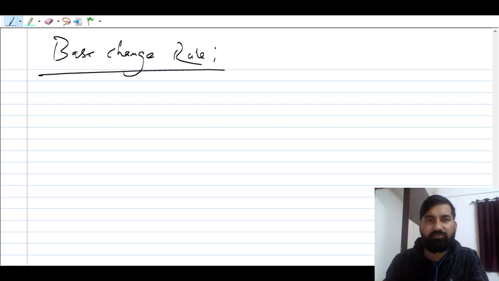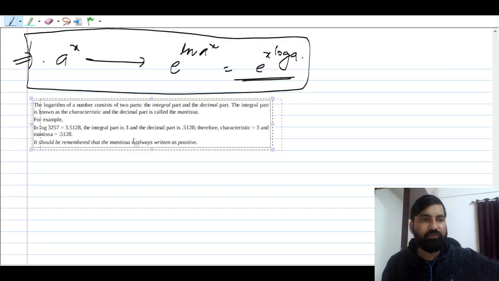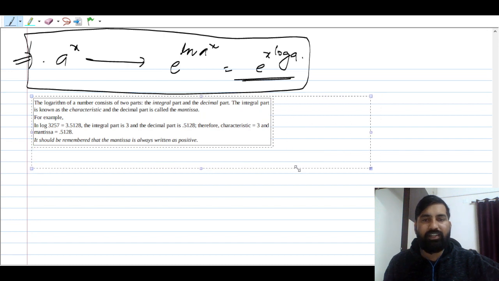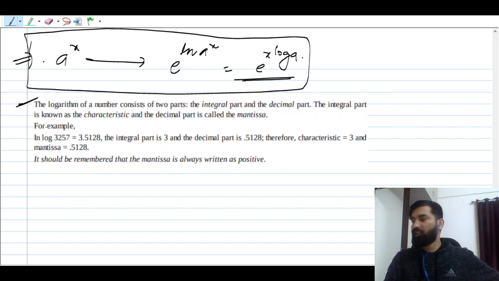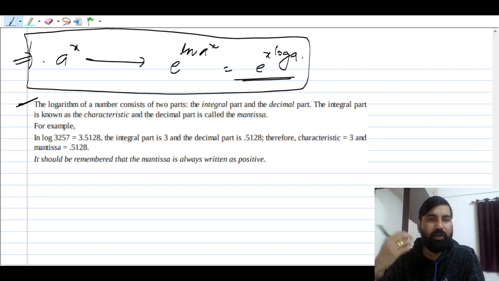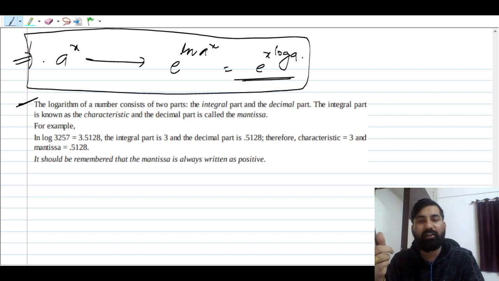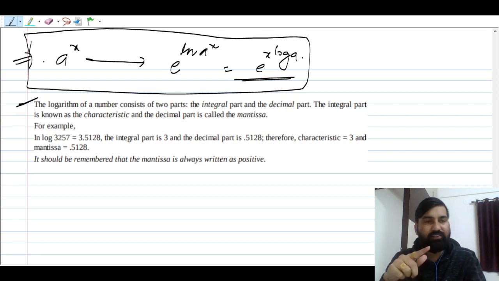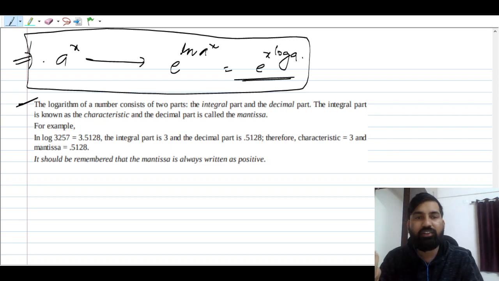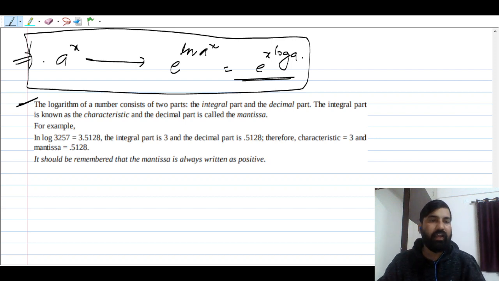There are some points, I do not want to discuss more related to this, but you guys can just know this. It is a class 8-9 concept. The log of the number consists of two parts, the integral part and the decimal part. The integral part is known as characteristic and the decimal part is known as mantissa. In log 2357, this is very important to remember.